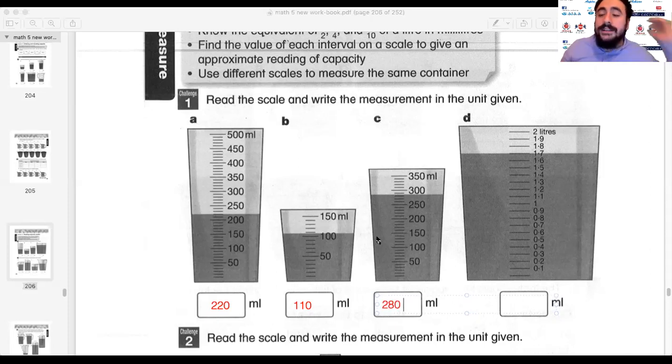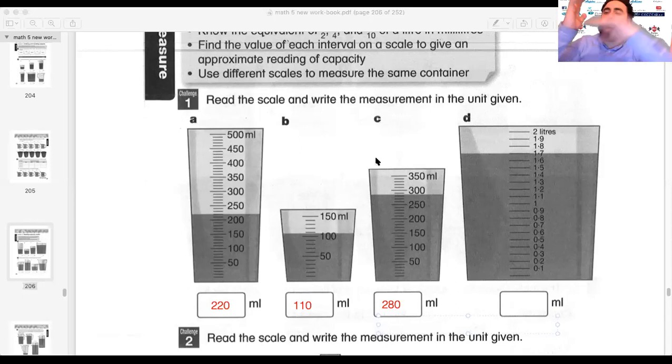Could you please tell me, if I want to convert 280 into liter, what should I do? I'm going to divide it by 1,000 or multiply it by 1,000. I told you the last time, take the greatest, multiply the greatest.